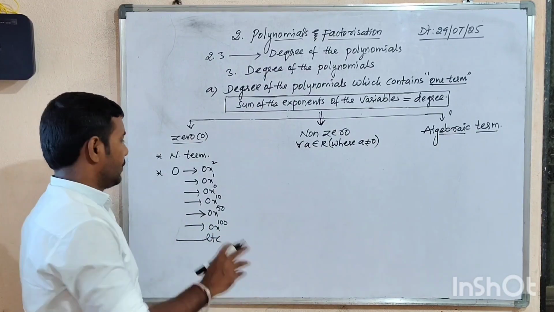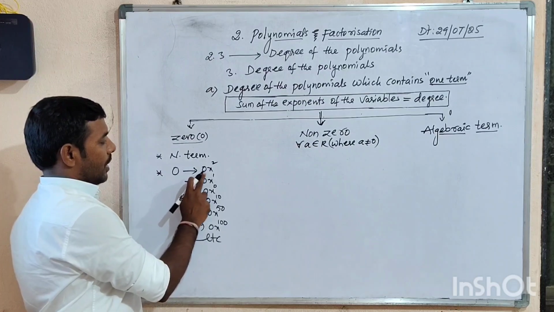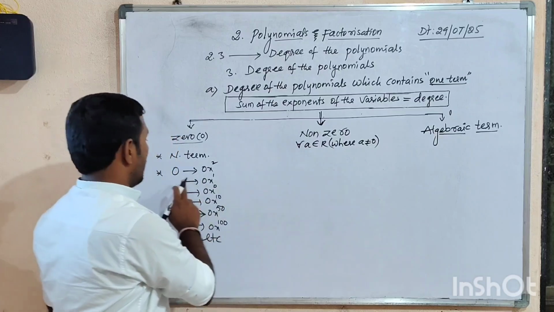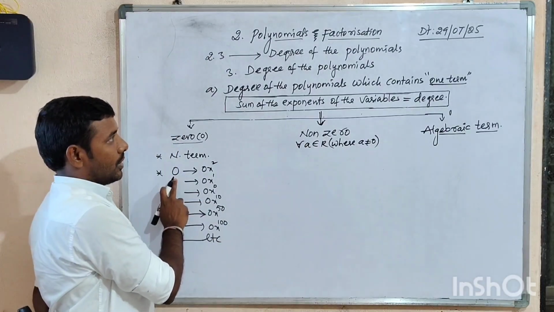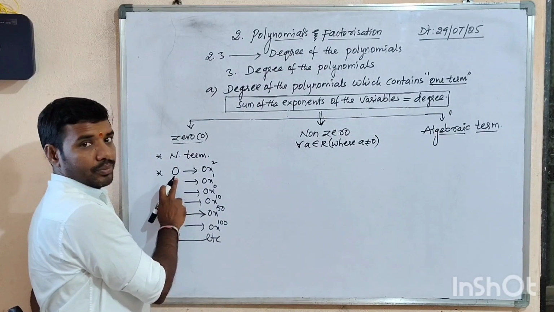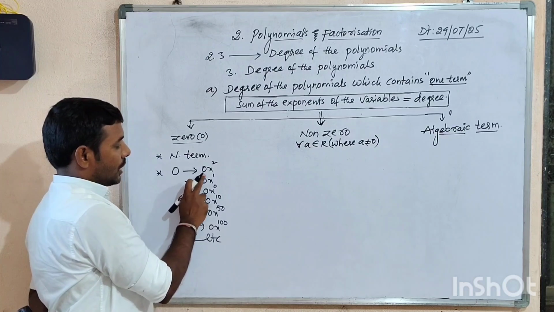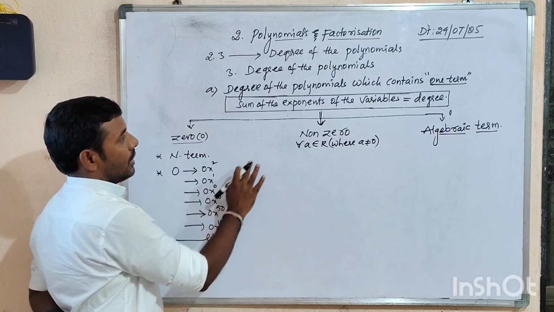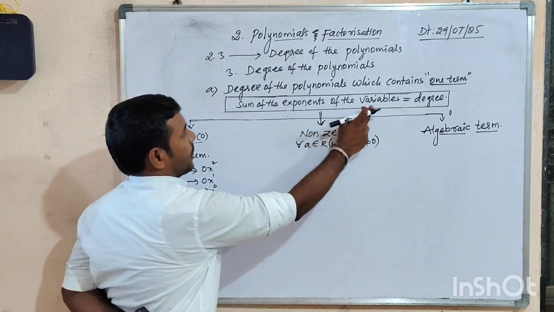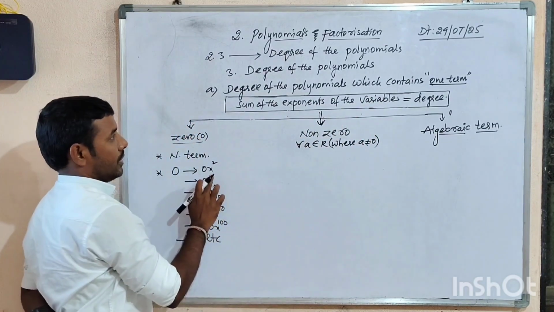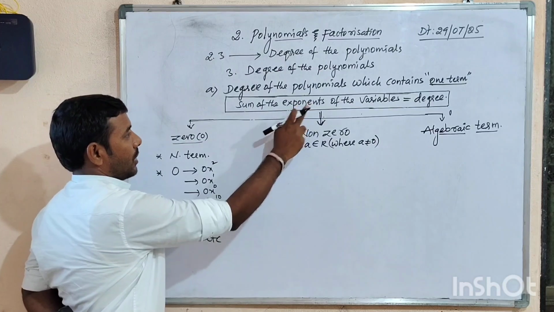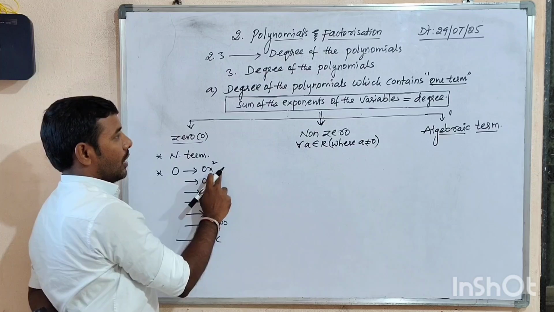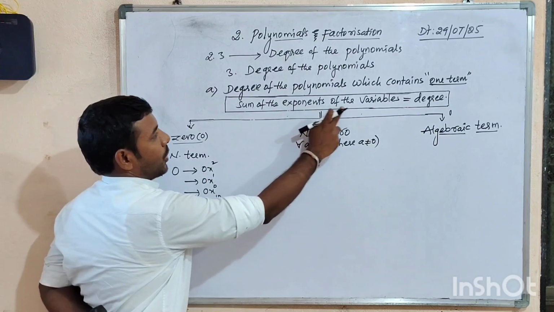No doubt, right? Now if the question is raised, what is the degree of 0? Simple thing. When 0 is expressed as 0x to the power of 2, what is the degree? The exponent of the variable is called the degree. Here it is actually the sum of exponents, but there is only one exponent, so let us concentrate on the exponent of the variable.